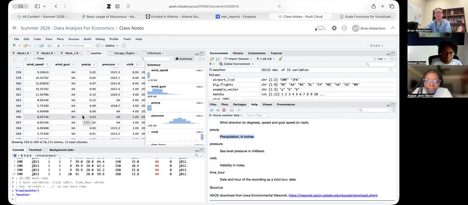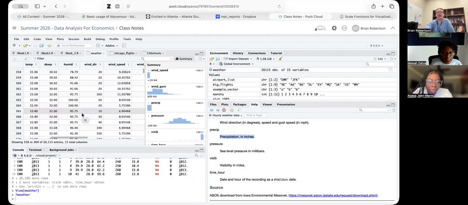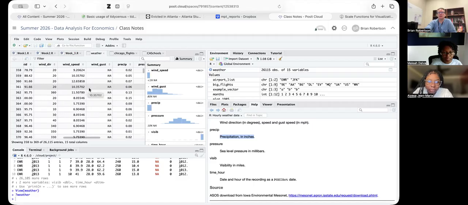So what would you expect to see, without plotting anything, between flight delays and rain? What kind of relationship would we expect to see? An increasing relationship. Yeah, we'd expect a positive relationship, right? Like, can planes fly in the rain? Yes, planes can fly in the rain.